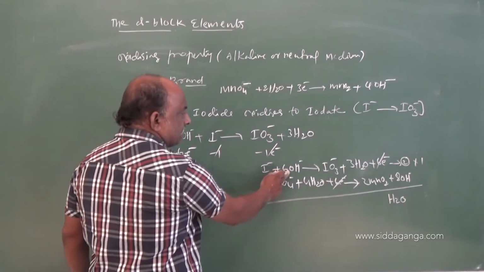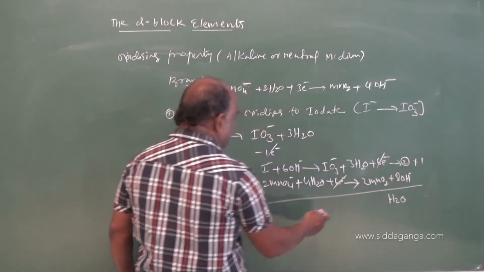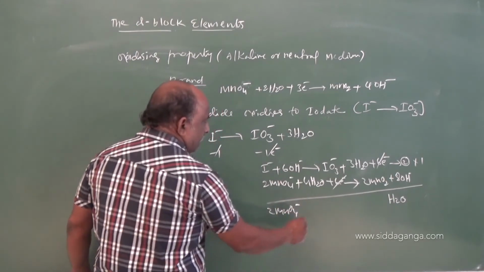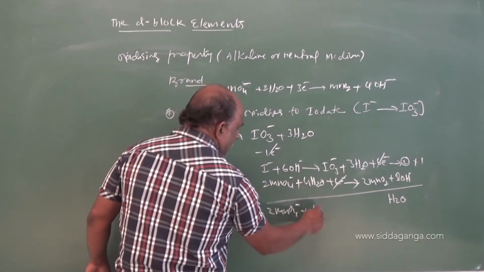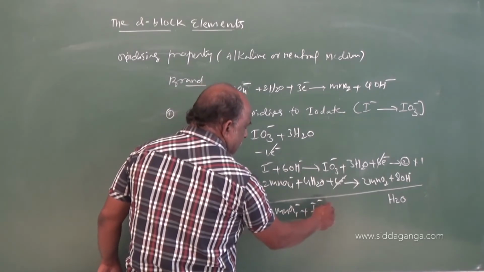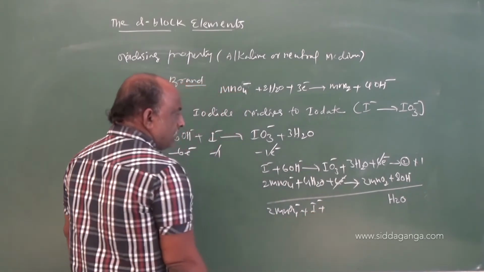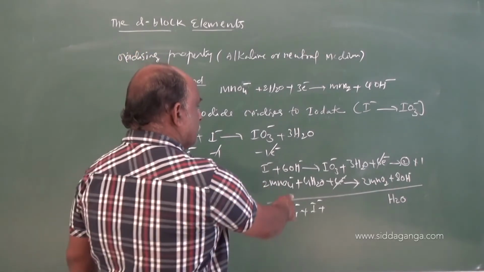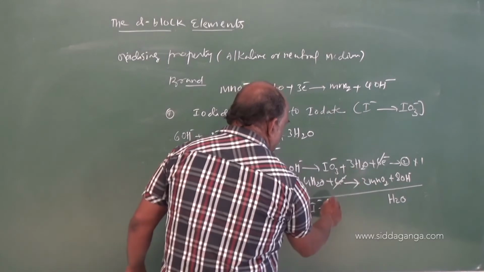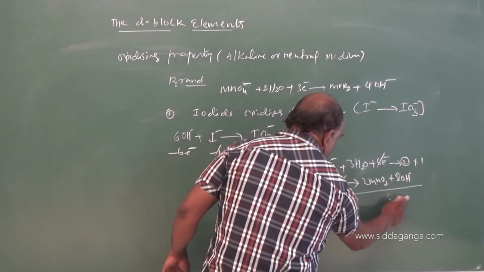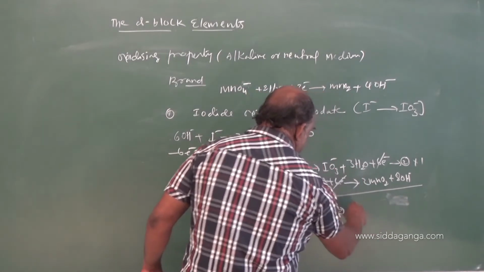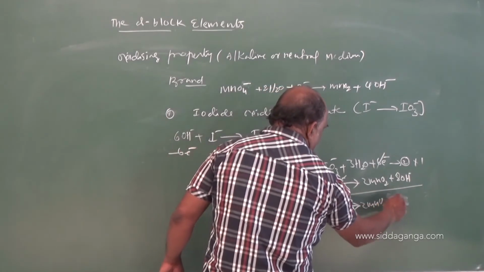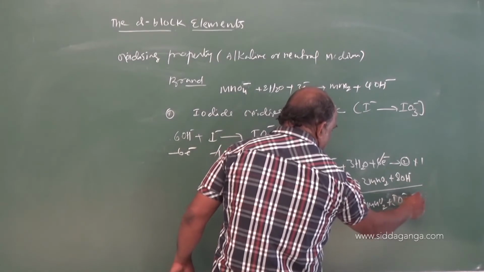And 6OH minus on the left, 8OH minus on the right, leaves 2OH minus. Again, what will be the equation? 2MnO4 minus plus I minus plus H2O gives rise to 2MnO2 plus IO3 minus plus 2OH minus.